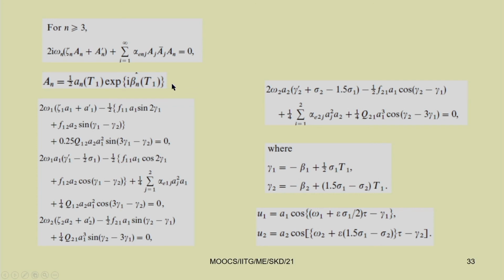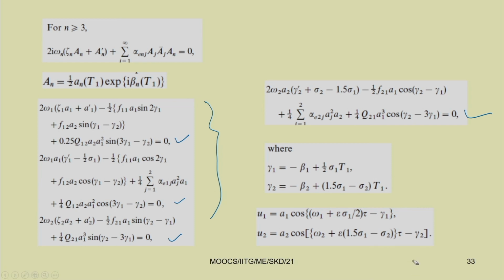So, to eliminate the secular term, we have these terms, and here we have substituted these. You just see we now have 4 equations: this is the first equation, second equation, third equation and fourth equation, as we are taking 2 modes.